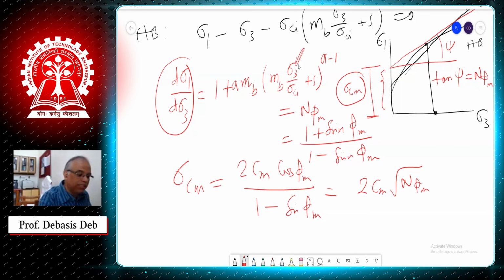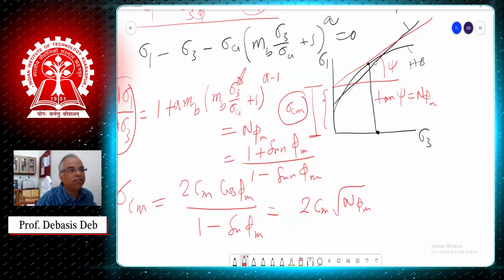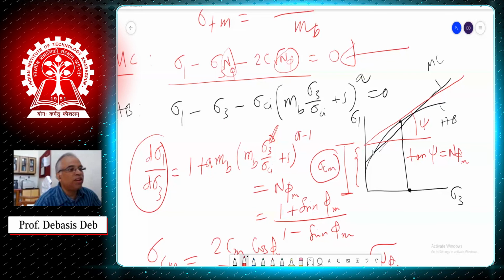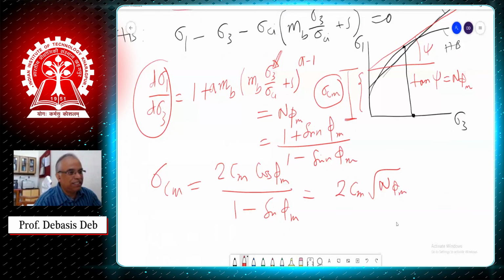You have to know what the sigma 3 is, because the slope will change with sigma 3. So for a given sigma 3, you will be able to calculate N phi m, and if you know this slope, then you will be able to know the intercept from this equation, and once you know this, you will be able to calculate this cm.